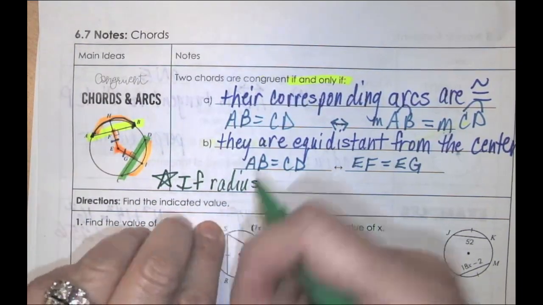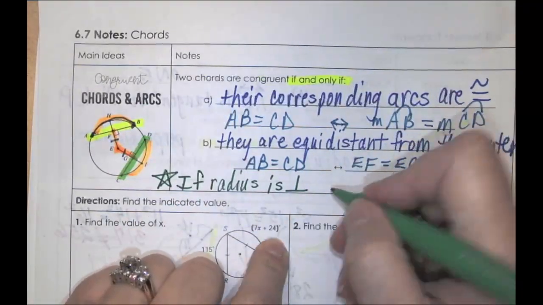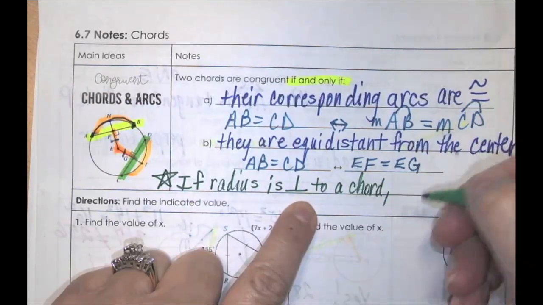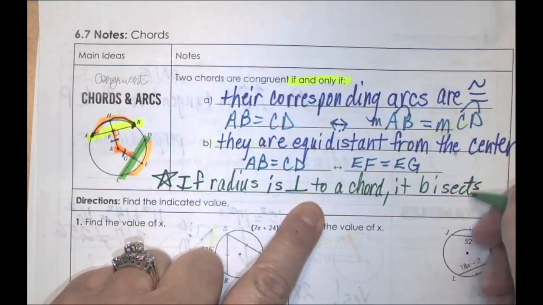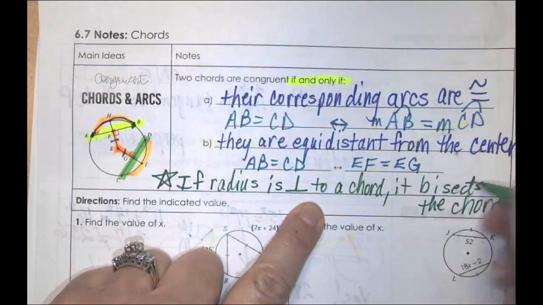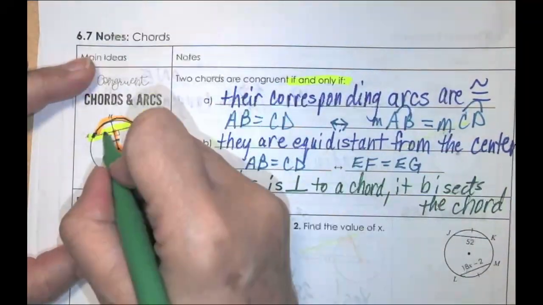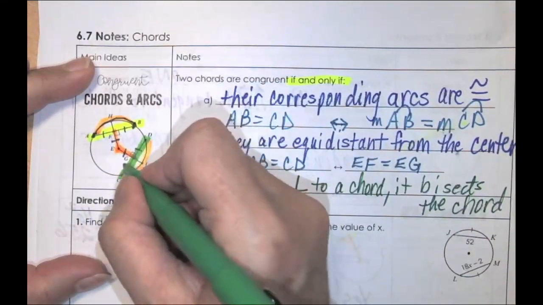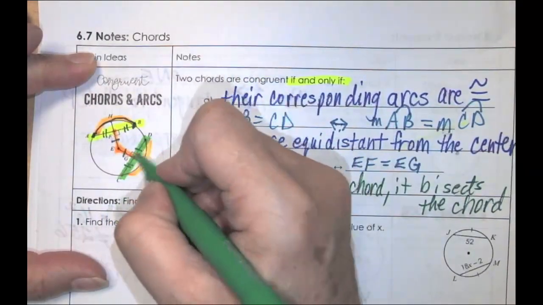If the radius is perpendicular, remember that upside down T is the symbol for perpendicular, to a chord, then it bisects the chord. Bisects, bi meaning two, and sect meaning cut. So it cuts it into two equal pieces. So that means this is congruent and this is congruent because it cut it into two equal pieces. I should put two marks so it doesn't look like it's equal to that.